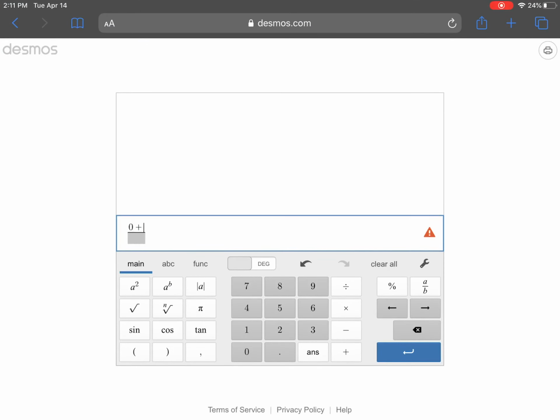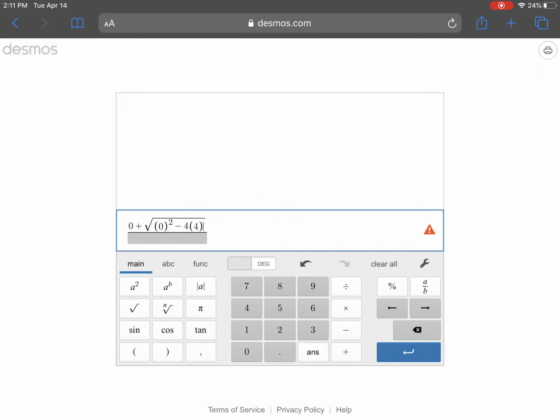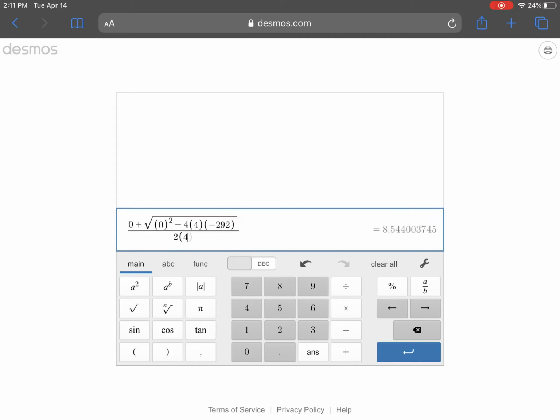So it'll be 0 plus the square root of 0 squared minus 4 times my A, which was 4, right? 4 times my C, which is negative 292, all over 2 times my A. And if you look there, I get the same exact answer, which is 8.54. Or you can change it to negative, and then it'll give you the negative answer as well.